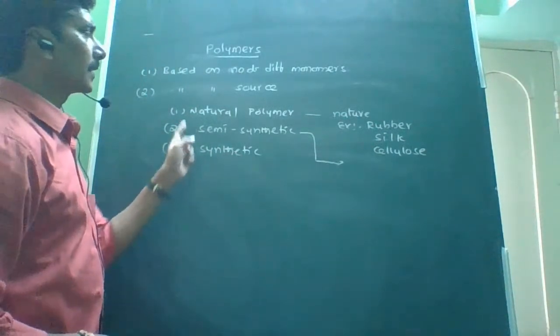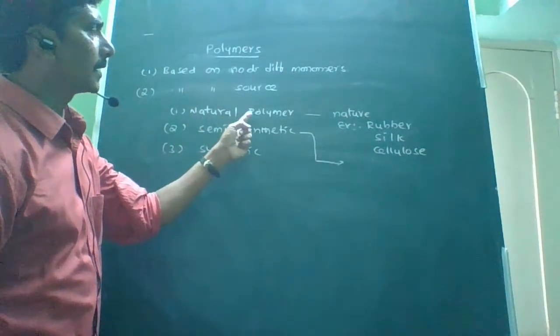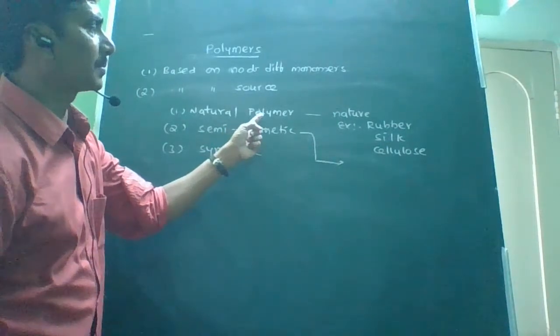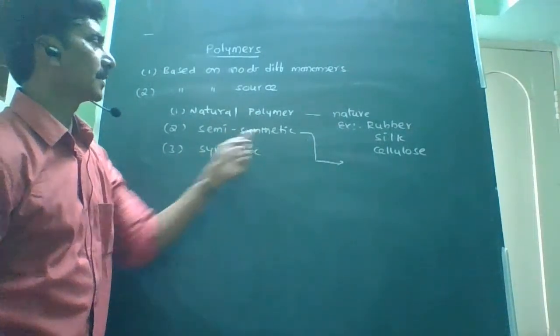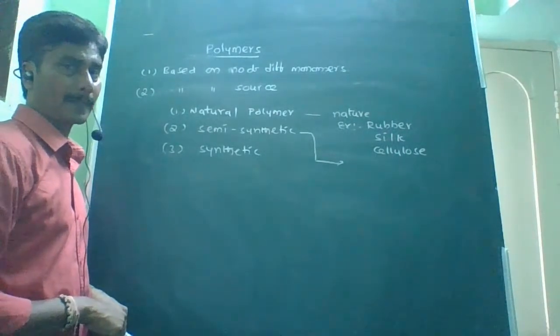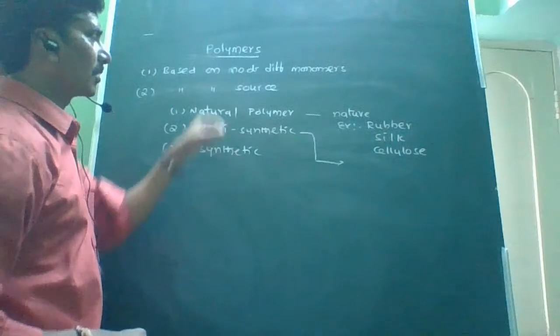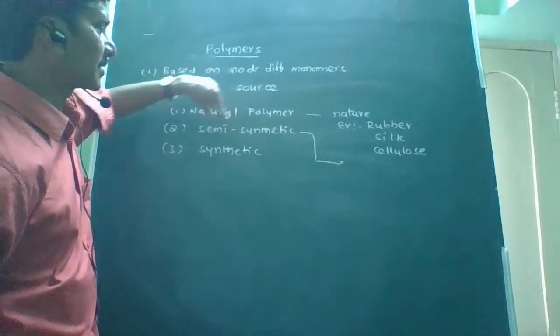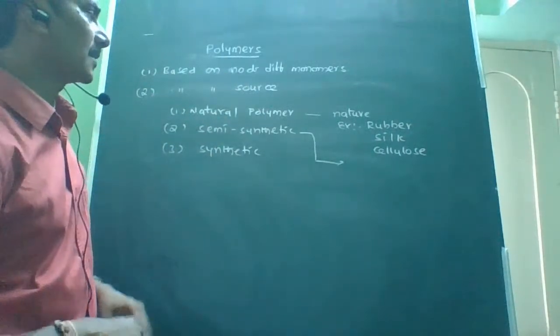Some chemical modification in the natural polymers gives what are called semi-synthetic polymers. Just some chemical modification takes place in the natural polymers, and they may be formed as semi-synthetic.